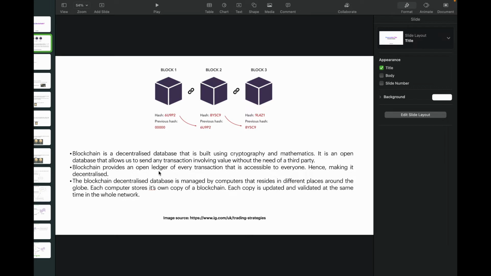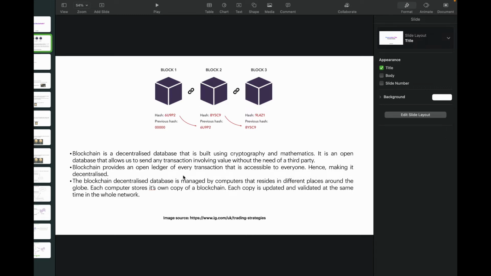This is the problem that blockchain is solving for you. Blockchain is a decentralized database built using cryptography and mathematics. It is an open ledger, an open database that stores all transactions, and they are all visible to humans.